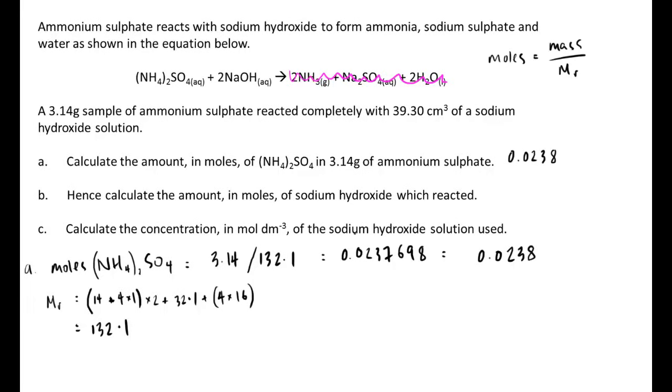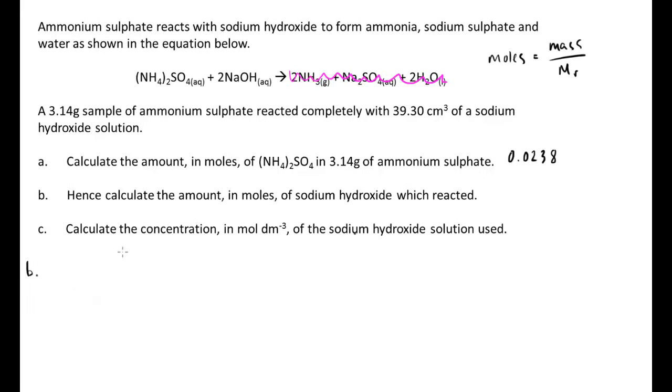So part B. Now it's asking us to calculate the moles of sodium hydroxide which therefore reacted. This is the good one actually. I hadn't realised this was a different ratio, and that our ratio is now 1 to 2. So 1, 2, 2. Now I've worked out how many moles I've got of this. Because the ratio is 1 to 2, it will react with twice as many moles of this.